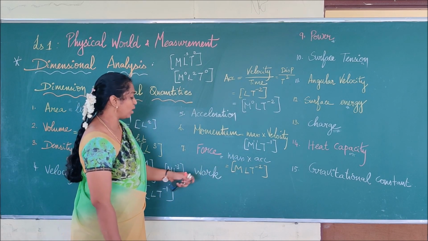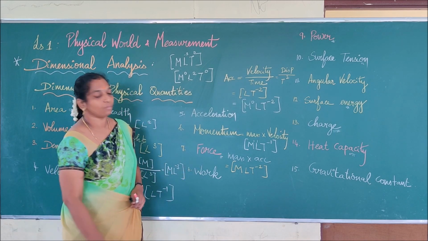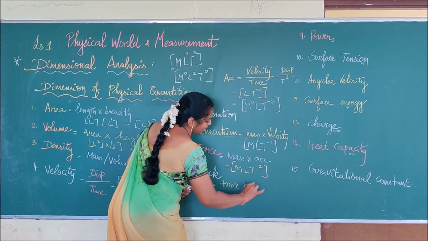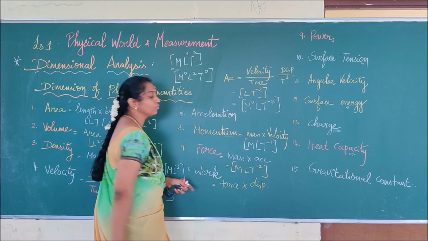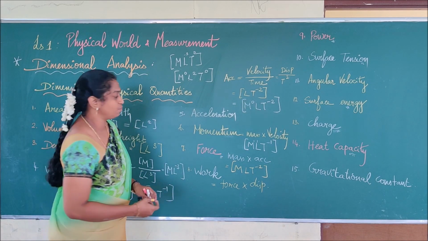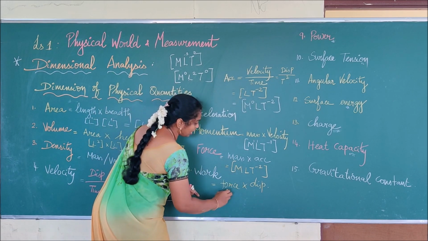Right. Then the 8th one is work. What is the formula for work? Work is nothing but force into displacement. Force is what we have learned here, and displacement is L. So what is the dimensional value?